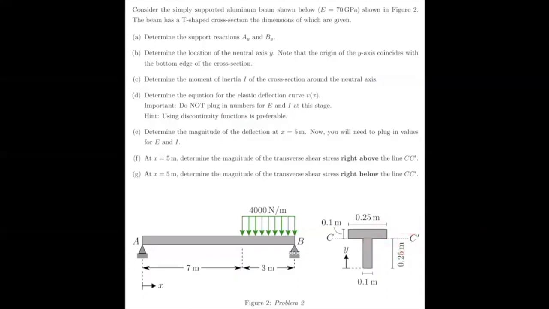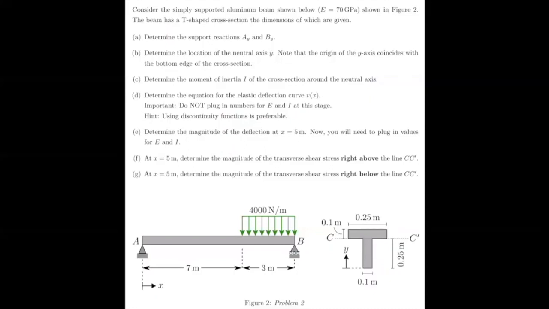This is what you need to do. Now, it's actually a very simple question. The fact that you have multiple parts is more to give you a hint, to give you a direction. Otherwise, if we asked you to calculate this, it's basically the same thing. You need to calculate the reactions, you need to calculate I, and so on.